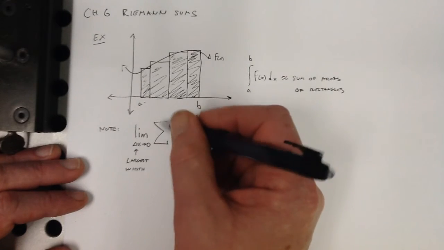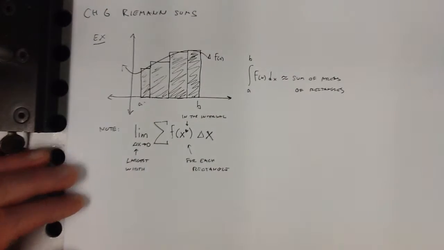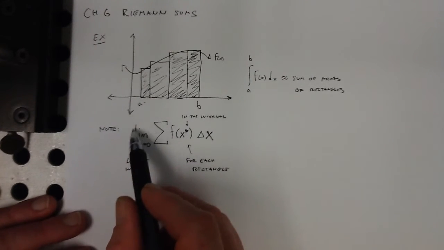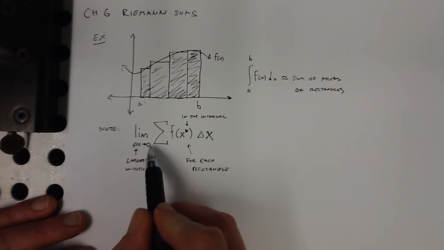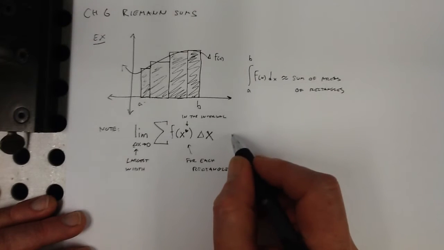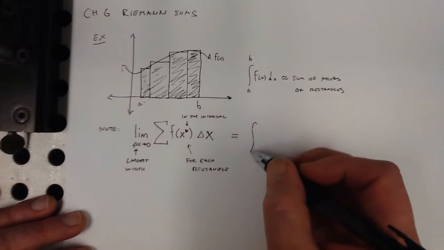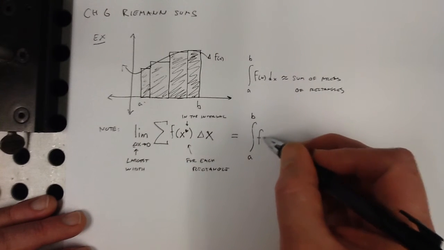Sometimes you see we could put things here to have a way of saying that it's going all the way through all the rectangles, however many of them there are. But the point is that if you let the width of the biggest one go to 0, and you add up all those, that limit will approach the actual area, because you'll get infinitely many rectangles. So that's actually equal to this.